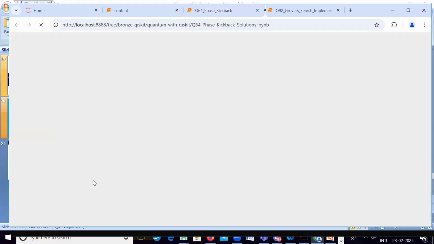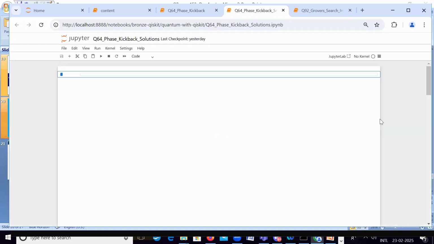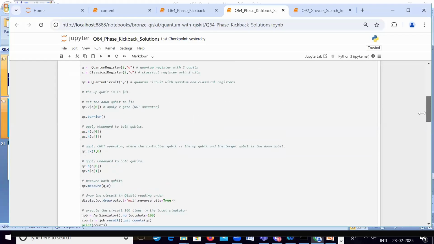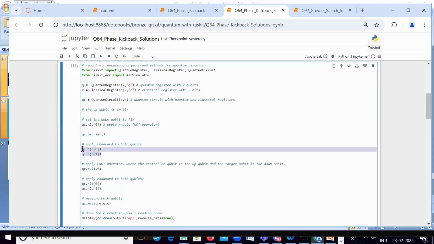Now we'll check this solution. Initially, the down qubit was sent to the state 1, and after that a Hadamard gate was applied to both the qubits, and then again a NOT operator once the Hadamard gate is applied to both.